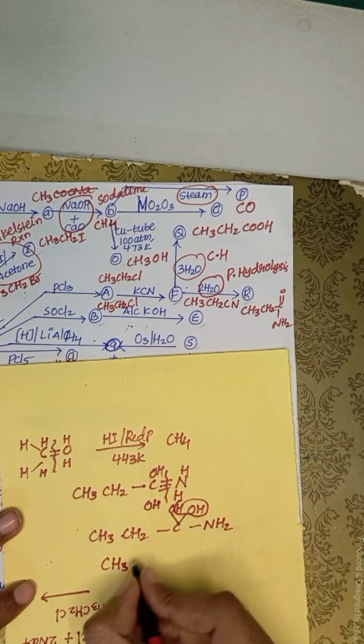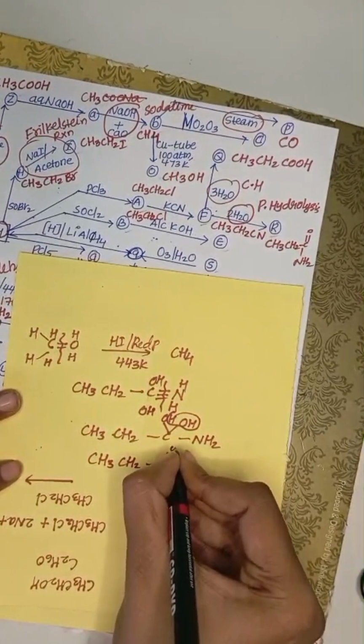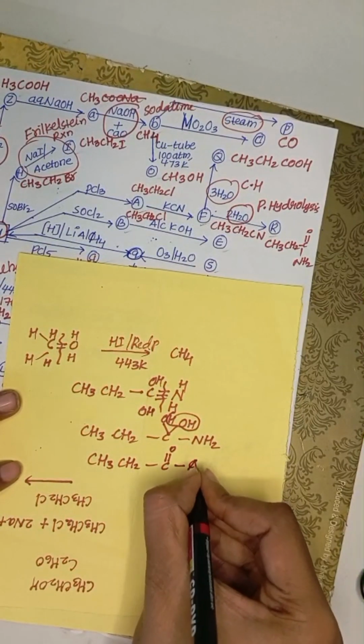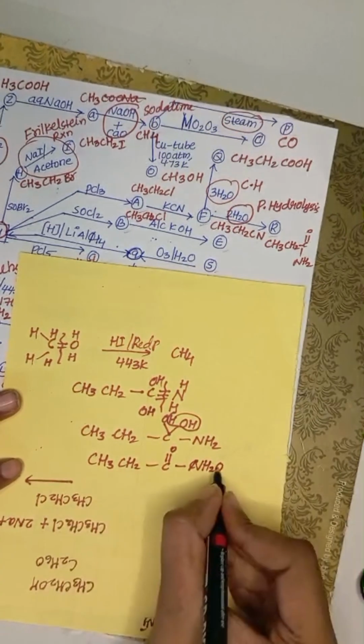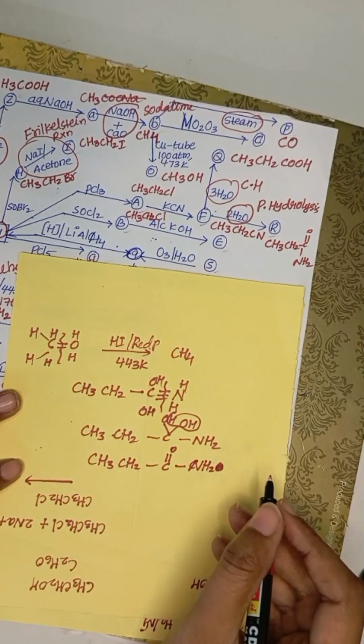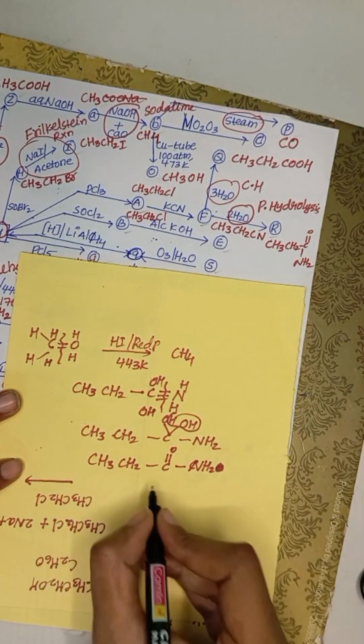Two hydroxyl groups cannot be attached to a single carbon, so it undergoes dehydration and forms the amide.